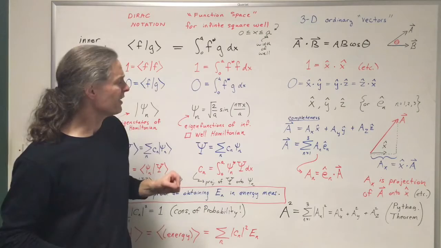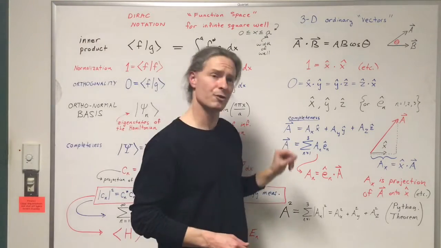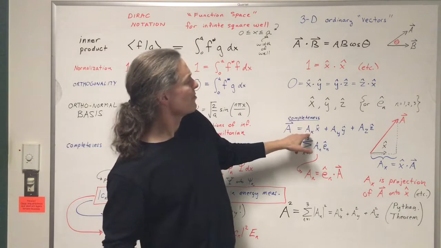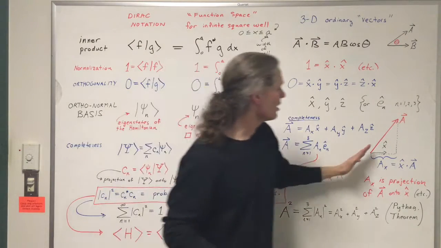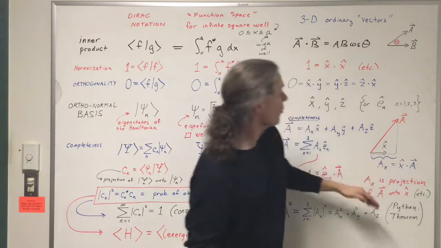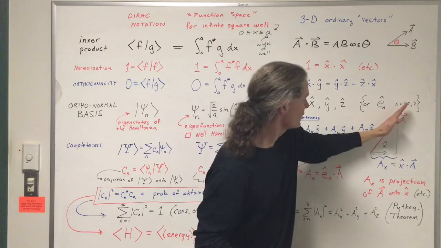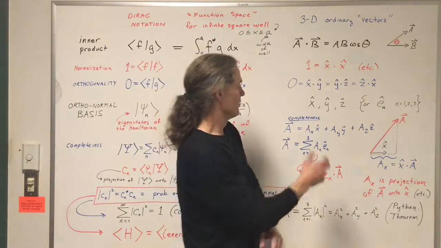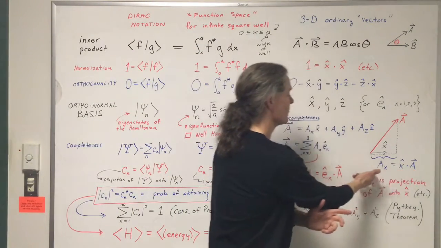All right, finally what I want to say before we move to our other systems, A sub x can be thought of as the projection of the vector A onto the x direction, or even the projection of vector A onto the x hat unit vector. I could write that this way.